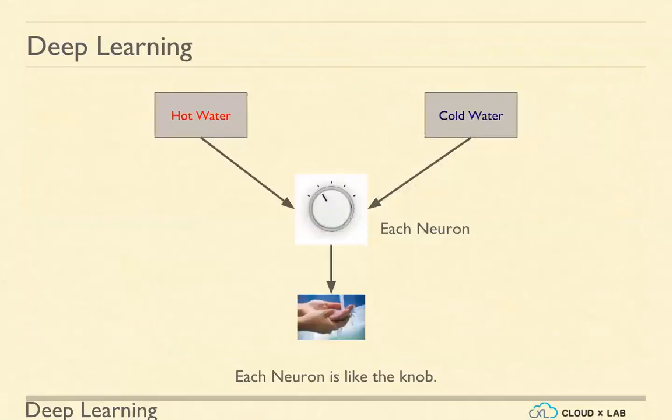Now, think about it. This particular neuron is adjusting the temperature. There could be another similar knob that could be adjusting the pH value of the two input chemicals, right? And then there could be another similar knob which could be adjusting colors.